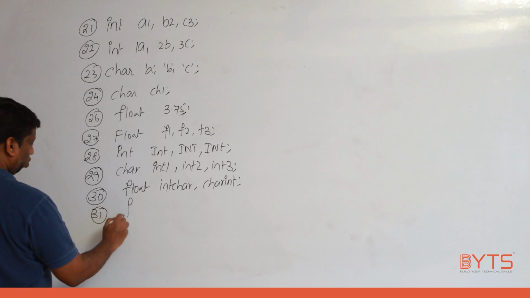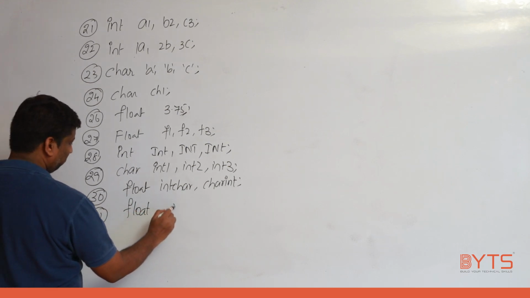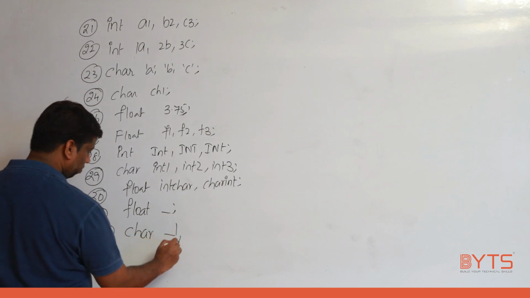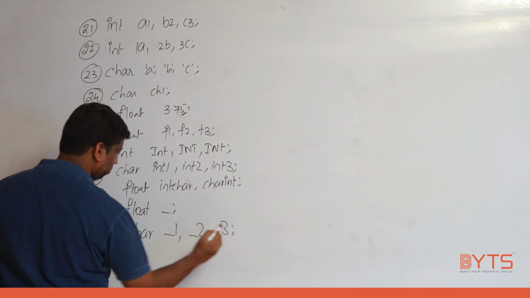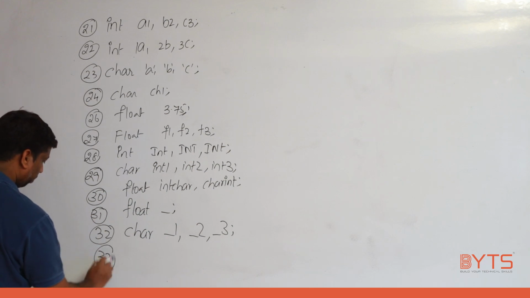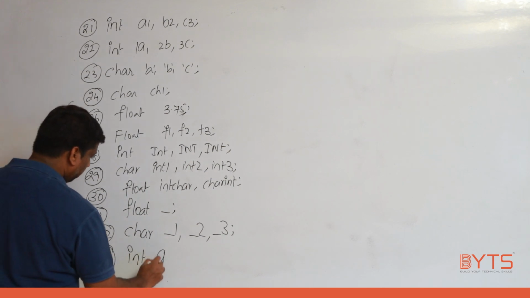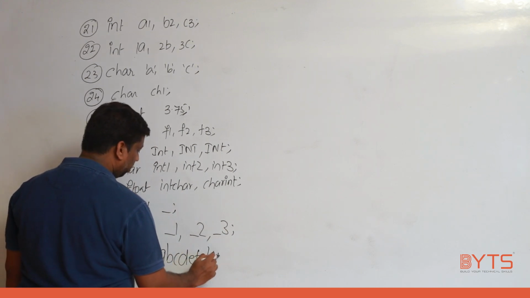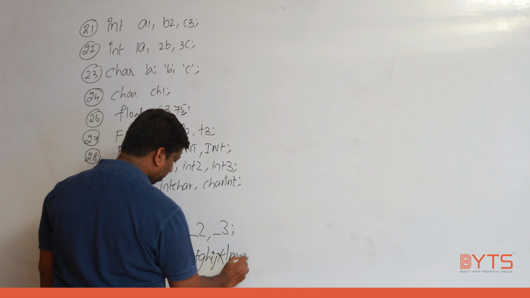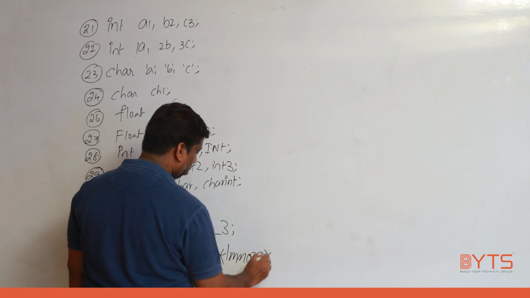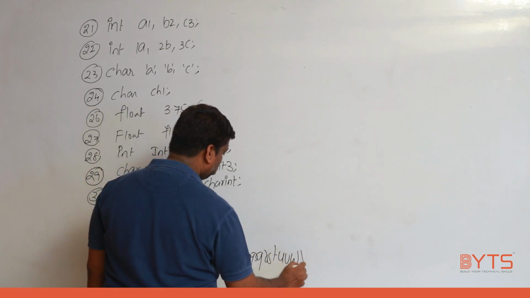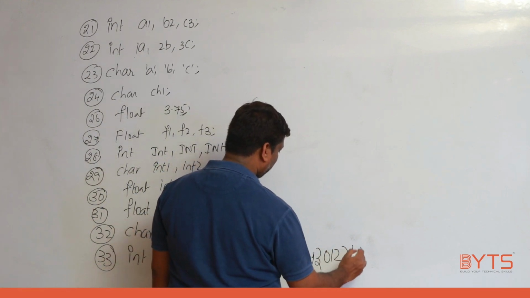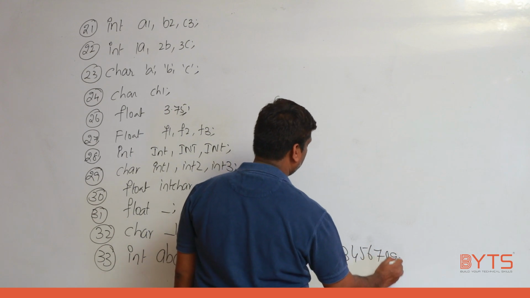31, float. 32, char. 33, int A, B, C, D, E, F, G, H, I, J, K, L, M, N, O, P, Q, R, S, T, U, V, W, X, Y, Z, 0, 1, 2, 3, 4, 5, 6, 7, 8, 9.